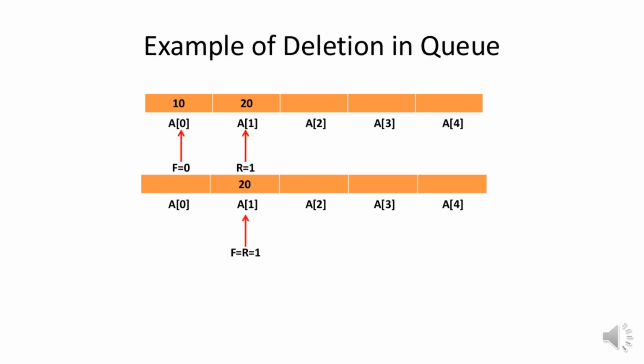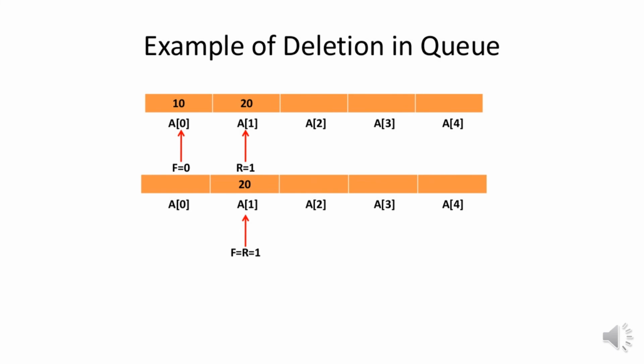See here, this is the example of a deletion from a queue. In the queue there is A of 0, which is the element 10, and A of 1, which is the element 20. After deletion, the A of 0th element will be removed, that is, deleted, and the remaining element is A of 1 equal to 20.